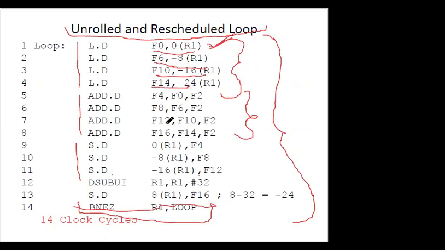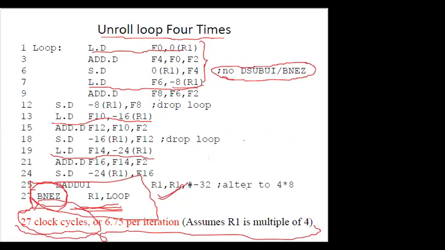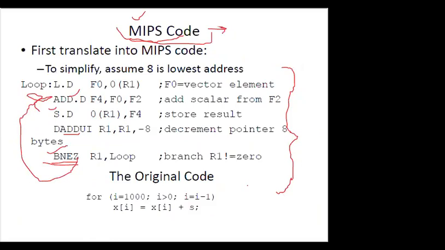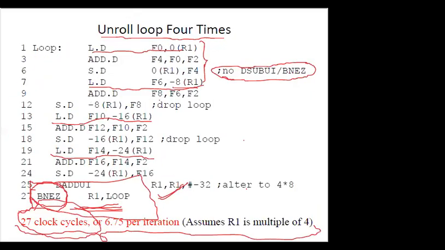And in this case also, as we can see, the stalls involved are reduced completely, then the store operation. So after rescheduling this loop, the overall clock cycles involved in this case are only 15 clock cycles. So this is the major advantage of loop unrolling and rescheduling of the loop.